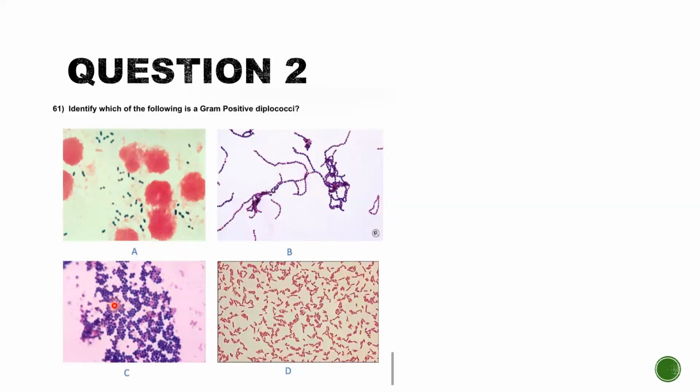What about C? What is C? Is it positive or negative? Positive, exactly. Strep or staph? This is also cocci positive. Cocci just means circles. Okay, so these are also circles. So cocci does not really help us, but is it staph or strep?